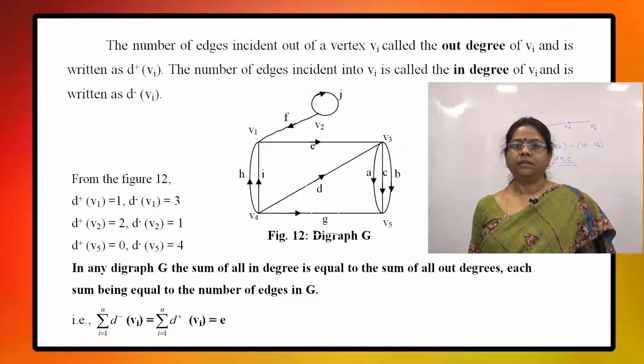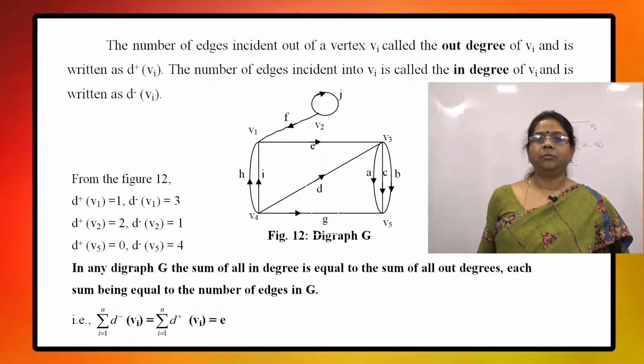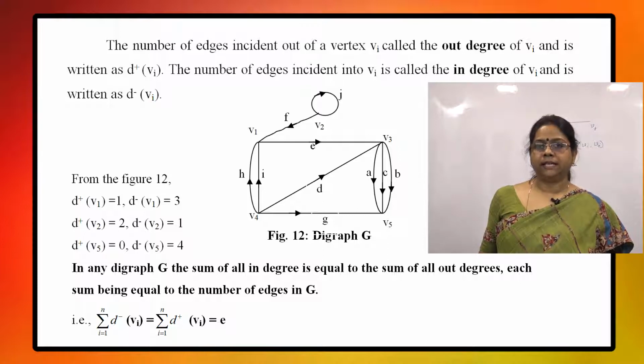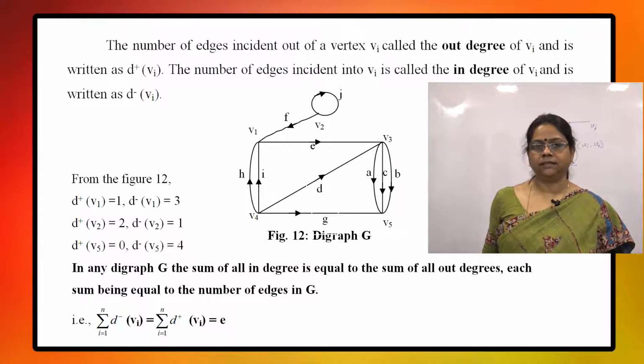Now, we know the result for undirected graphs, that the sum of the degrees of all the vertices is equal to twice the number of edges. Here we see that each edge contributes 1 to the sum of all out degrees, and 1 to the sum of all in degrees.